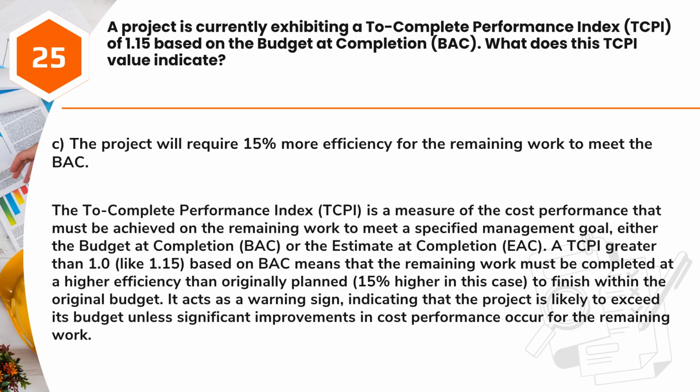A TCPI greater than 1.0, like 1.15, based on BAC means that the remaining work must be completed at a higher efficiency than originally planned, 15% higher in this case, to finish within the original budget. It acts as a warning sign, indicating that the project is likely to exceed its budget unless significant improvements in cost performance occur for the remaining work.